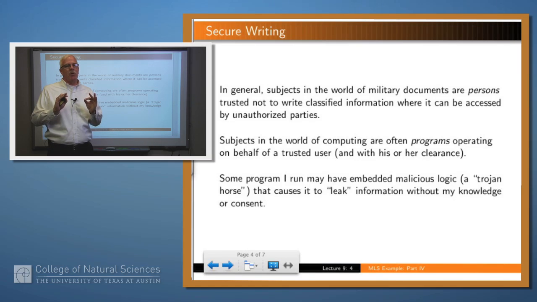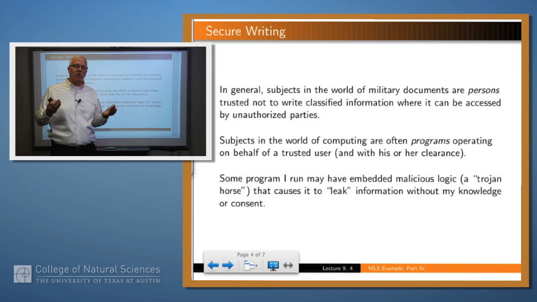When you introduce computers into the mix, you introduce the following subtlety. Not only are you talking about the clearance of the person sitting in the chair typing on the keyboard, you're also talking about what's happening with all of the programs that person is running. Over the course of a day, you may run dozens or even hundreds of programs. How do you know that those programs are not malicious in some way?